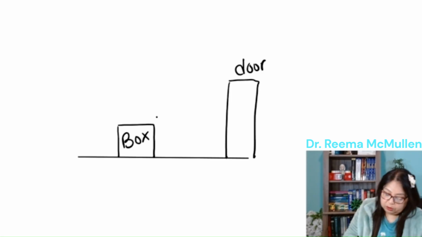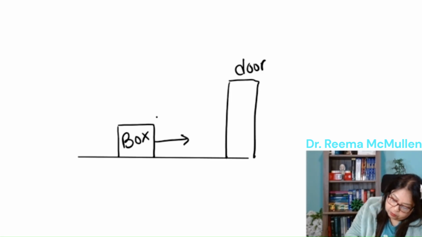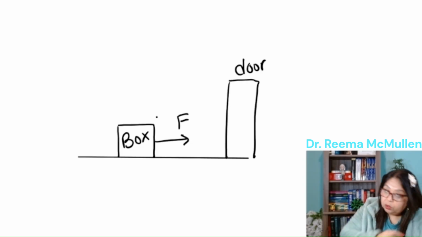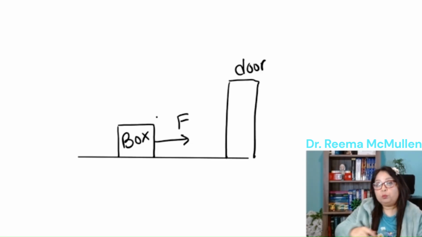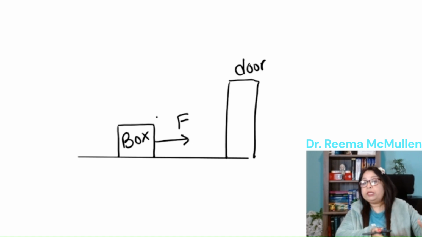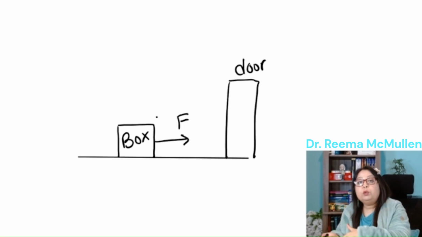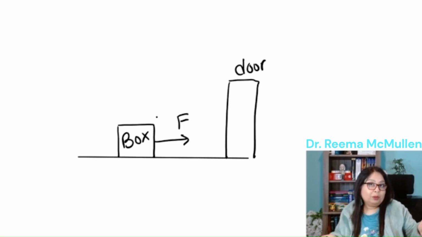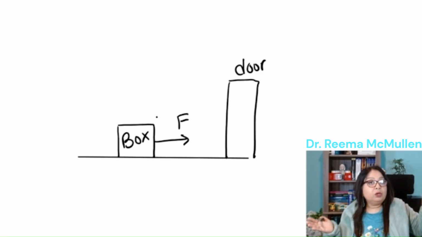Which way are you going to push it? Of course, this way. You have to exert a force toward your home. You could either push it or you could pull it, whatever you do. It's important that you exert that force toward the door, not away from it. Because if you exert the force away from the door, then you're doing the opposite of what you need to do.